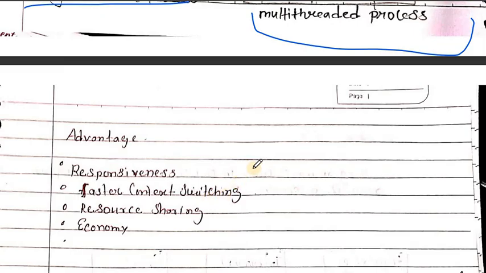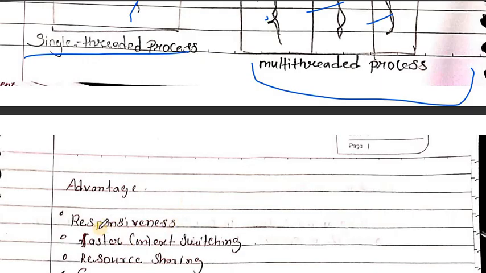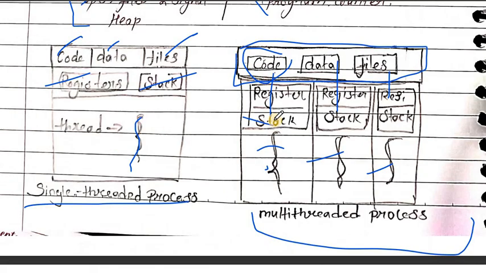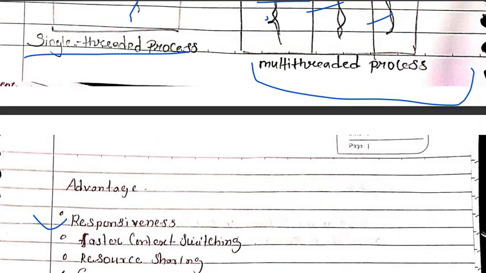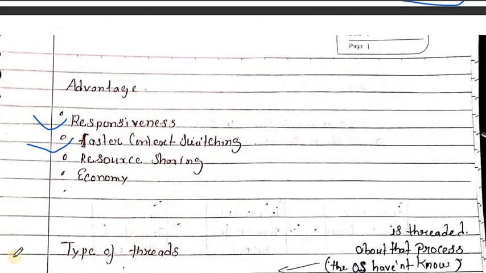What is the advantage of multithreading? The advantage is responsiveness because of its lightweight nature. If there are multiple threads T1, T2, T3 created from a single process, the process becomes fast, so multiple threads can run in a limited time because of being lightweight.